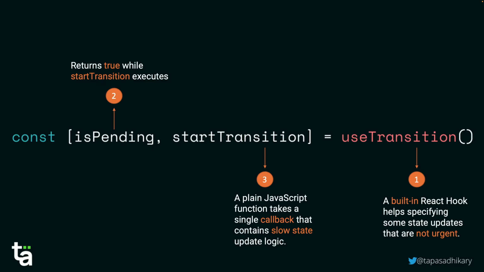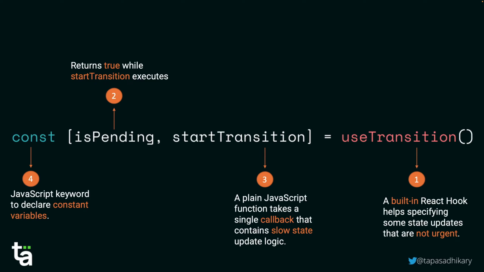So it takes a single callback function where you keep the code for which you want to update the state logic with delay, or slowly, a non-urgent update. So you keep your non-urgent state update inside startTransition. When startTransition executes, isPending will be true. When the execution is done, isPending will be false. And const, you all know, is a JavaScript keyword. So this is the anatomy of it.